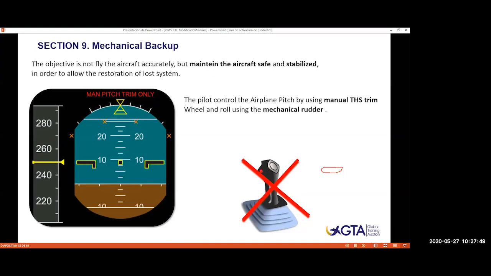This situation is to keep the aircraft safe while the crew are able to restore some control and try to get back to alternate law. Because we don't have the stick, the yaw must be controlled with the physical mechanical rudder link, and when we want to pitch up or pitch down, we have to do it with the trim.